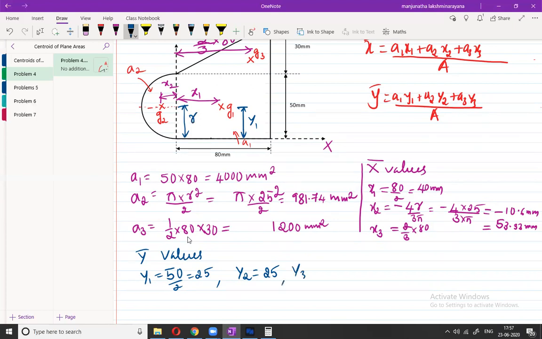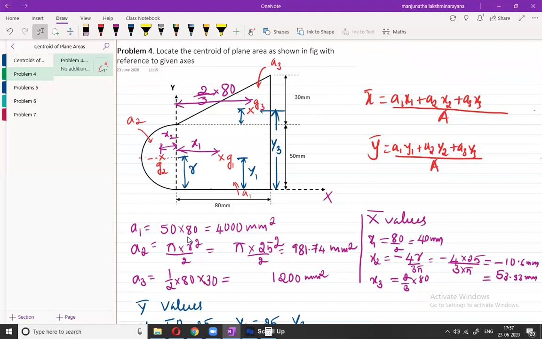Next, y3, the distance of G3 from the x-axis, from here to this location. So y3 is equal to 50 plus this distance, and we know that this distance is one third of this 30, because this is the base.